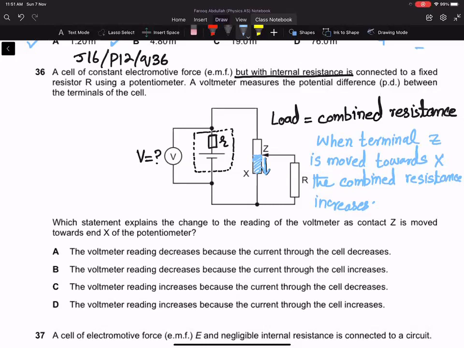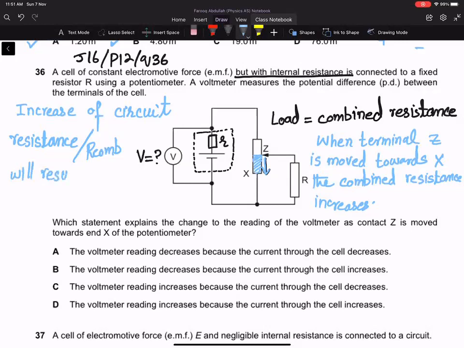Now, as the combined resistance of the circuit increases, that will result in lowering the current.